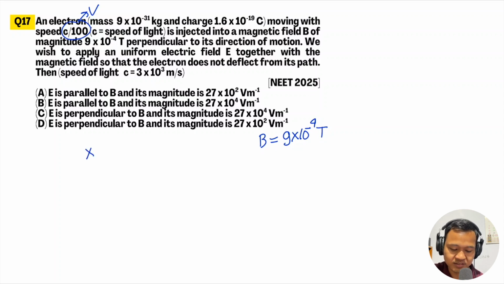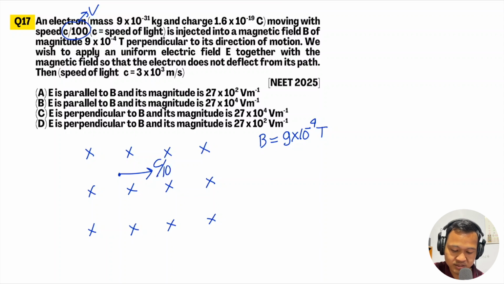So B is given, and the electron is moving perpendicular to the magnetic field. This is V, and V is given as c by 100. We need to apply a uniform electric field together with the magnetic field so that the electron does not deflect from its path.